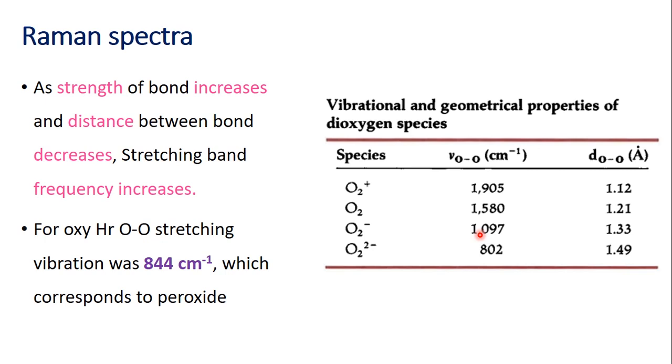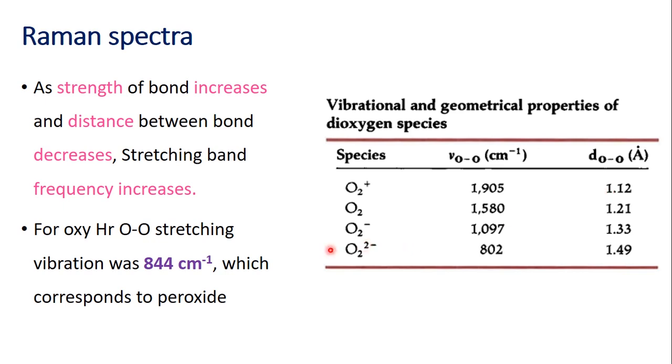Consider, for example, a single bond and a double bond. The double bond is very strong, but the distance between the atoms is very low. As you can see here, the bond strength is high between O and O in this O2+ species. That's why the stretching frequency is also high, but the distance between them is very low.